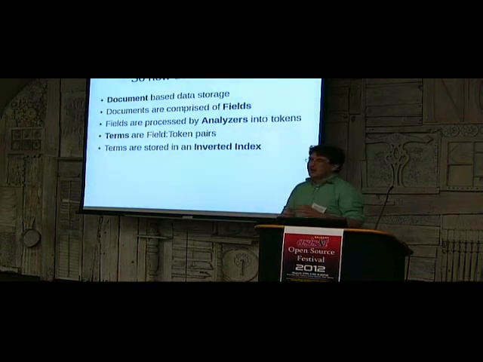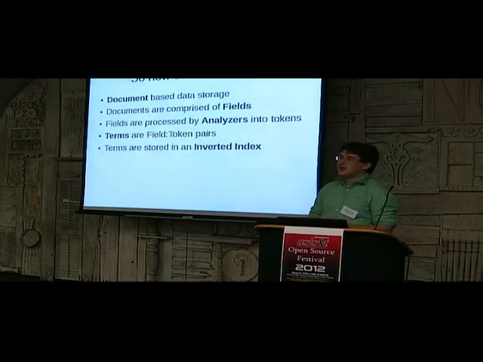So when I say full text healthcare, I'm saying that I want to find documents that have the term with the field bill text and the token of healthcare. And what it does is it stores these terms in an inverted index.